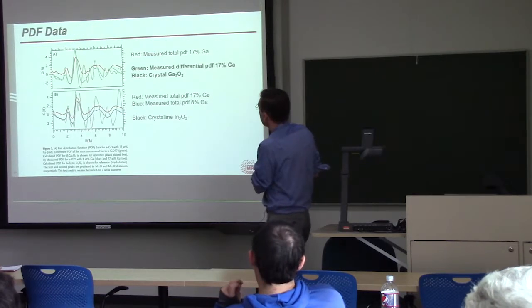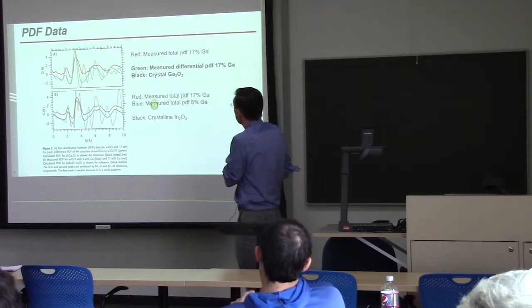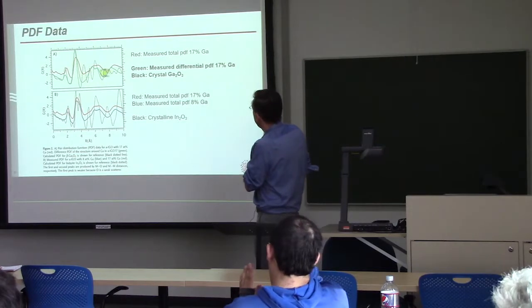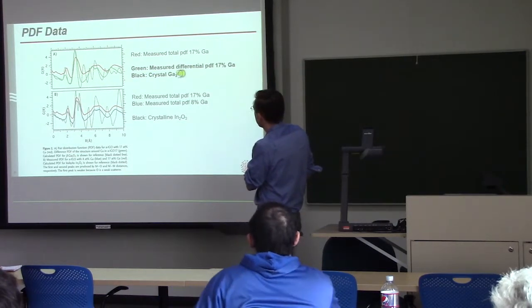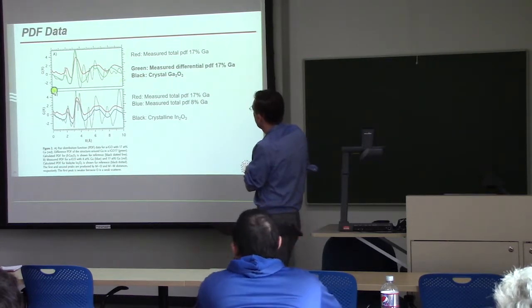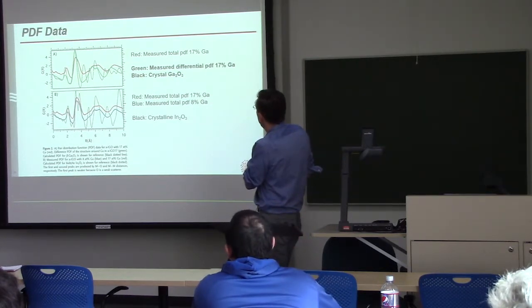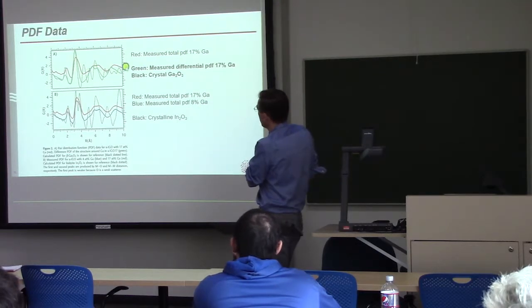So let me show you this. This is the partial pair distribution function data, and the crystal gallium oxide is in black. The red is the total PDF, which we can ignore. That's just all the atoms.